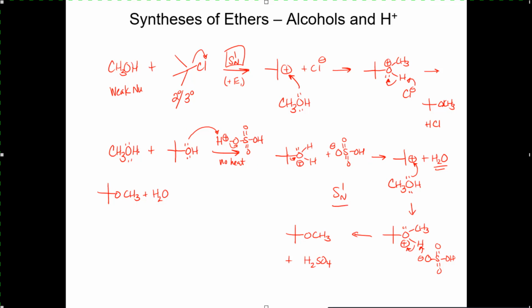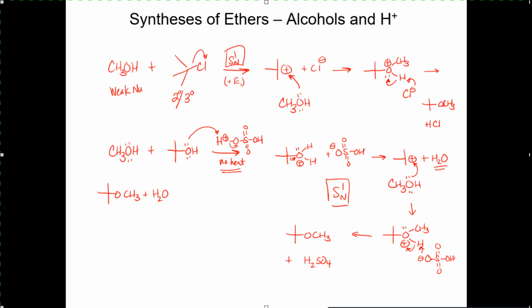I'm substituting this nucleophile for the OH, and I'm doing it with the carbocation intermediate, so I would say that's an SN1 reaction. So we can make ethers using two alcohols and sulfuric acid with no heat.